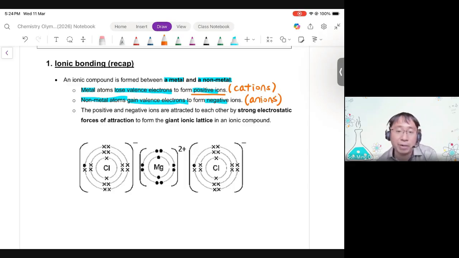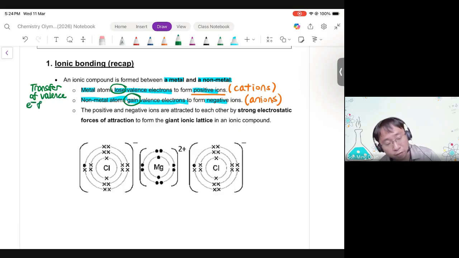Okay, another way to say lose and gain is a transfer of valence electron from the metal to the non-metal. All right. So transfer is another way of saying loss and gain of valence electrons.